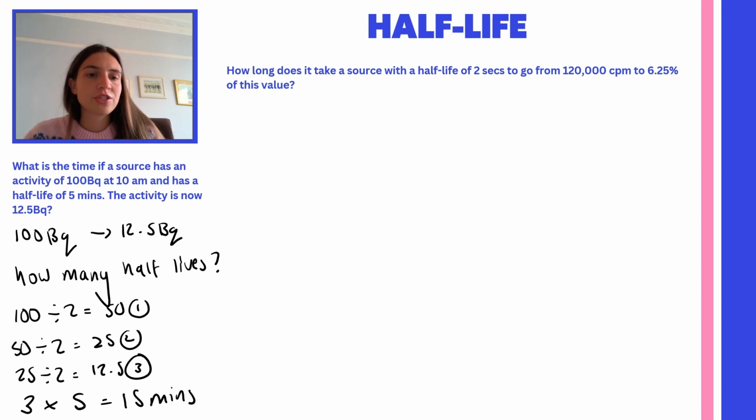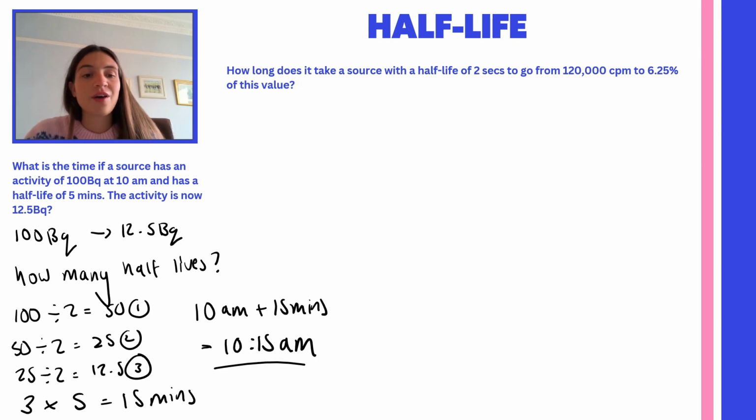The actual question asks me what the time is now, considering that the activity was 100 becquerels at 10 AM. So 15 minutes must have elapsed since the start of this activity at 10 AM. So it must be 10:15 AM now.